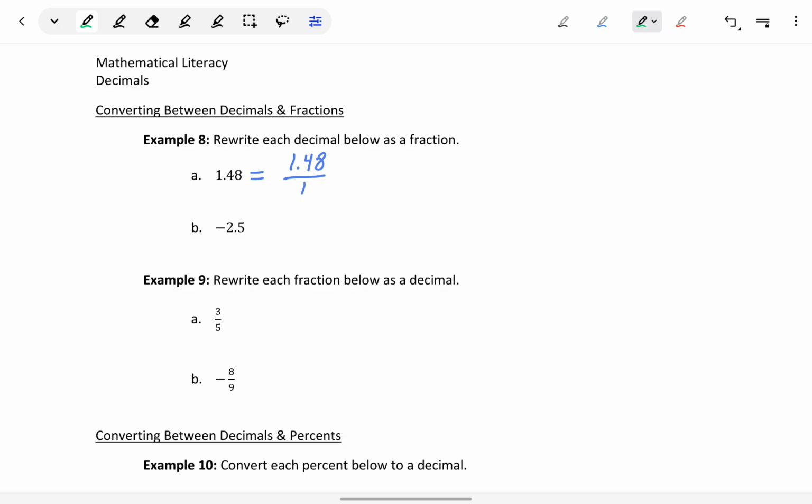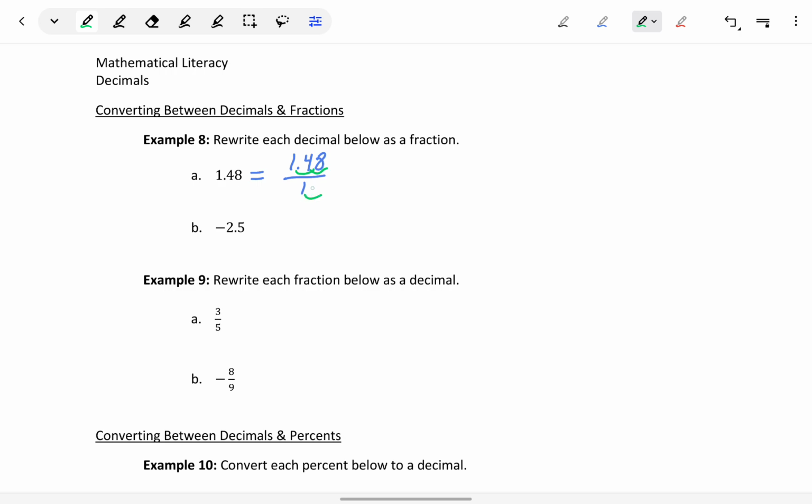Now what we need to do is look at converting this number in the numerator into an integer. In this case, a whole number, since it'll be positive. To do that, we shift this decimal 2 places to the right. If we do that in the numerator, we have to do that in the denominator as well.